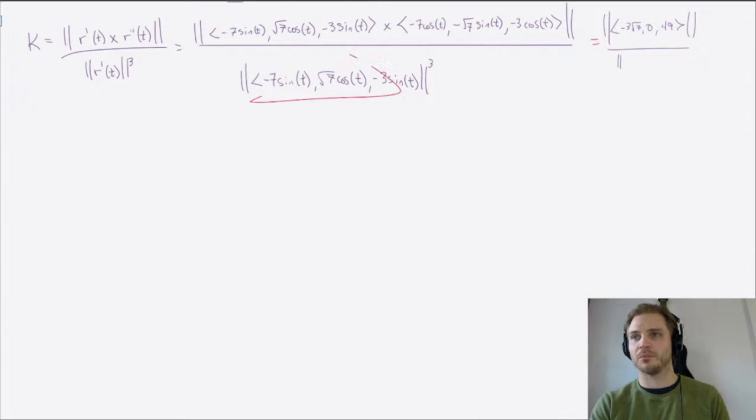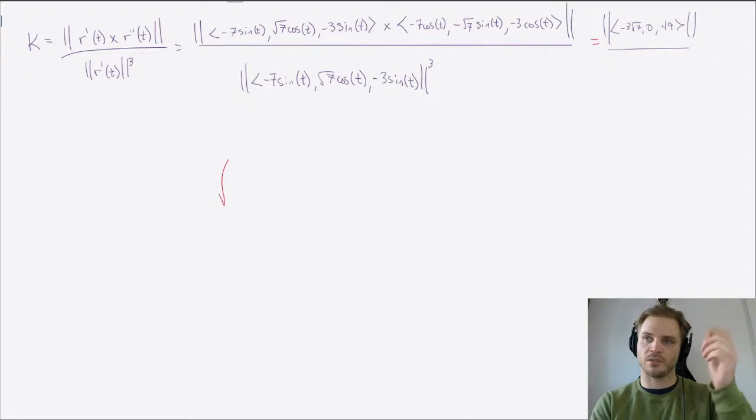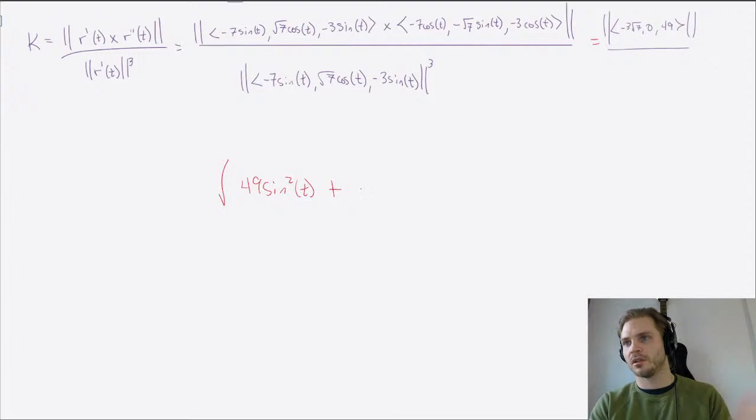All right, so now I'm going to figure out the magnitude of the denominator. So we're going to get negative 7, oh wait, I lied. So square root of negative 7 sine of t, we're going to square that. So that makes 49 sine squared t plus 7 cosine squared of t. I'm just squaring every term and adding them.